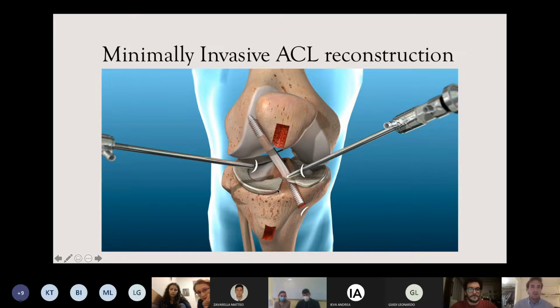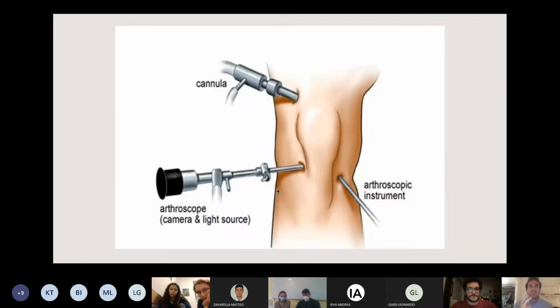Arthroscopy is basically a sort of laparoscopy of a joint, where we have an arthroscope with camera and light source, an arthroscopic instrument, and a cannula where we have water. In laparoscopy, we have gas. In arthroscopy, we use water. In the past, it was mainly a diagnostic technique, and nowadays it is diagnostic and therapeutic.